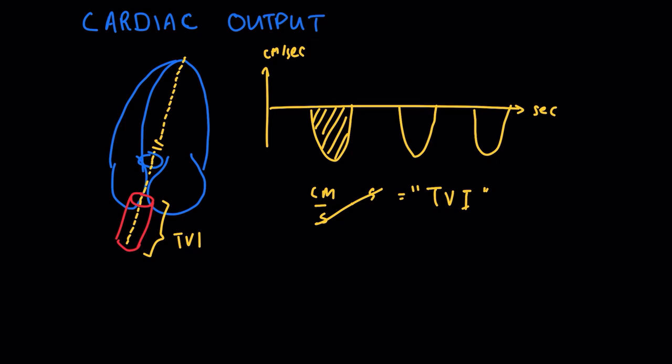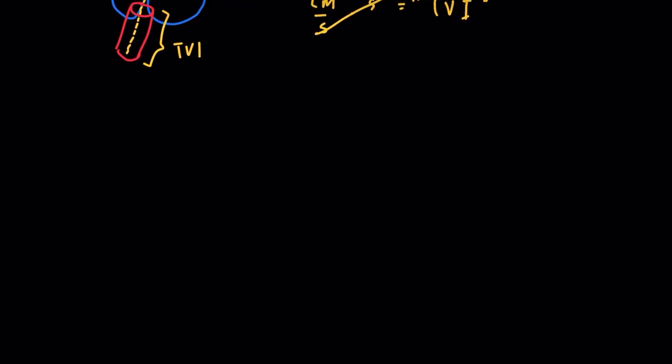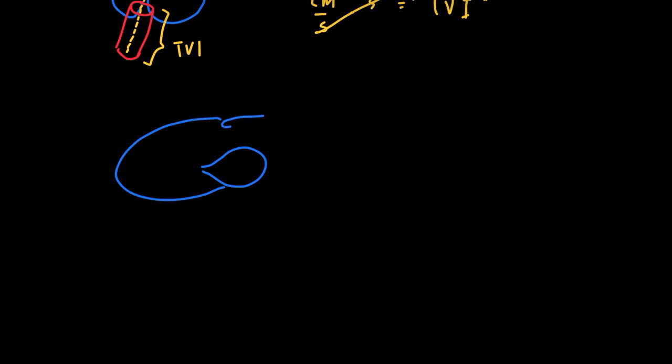Now, how do we get the diameter of this cylinder? Well, for that, let's look at a different view, the parasternal long view. You've got your left atrium that empties into your left ventricle. You've got your aortic valve leaflets. The valve is wide open. We're in systole when the blood is being pumped out.